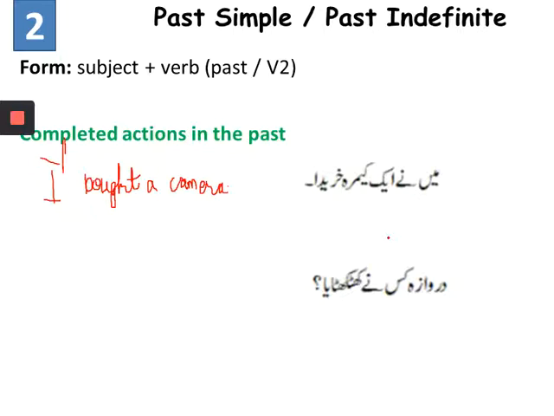Now we come to the next one. दरवाजा किसने खटखटाया? दरवाजा is door. किस who किसने who खटखटाया knocked. So this is going to be an interrogative statement. We're going to try and write it down. Who knocked.